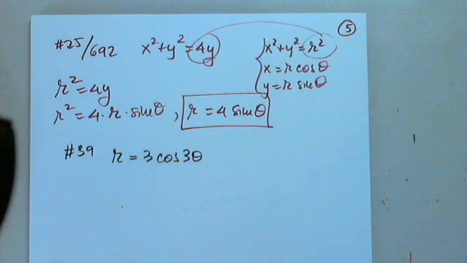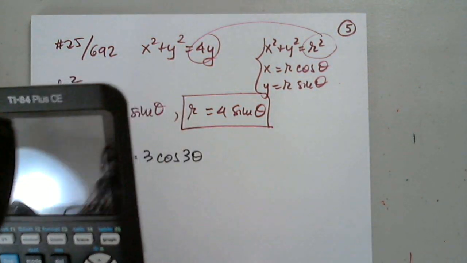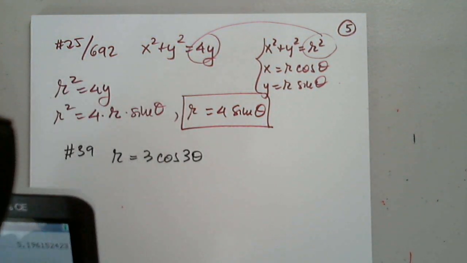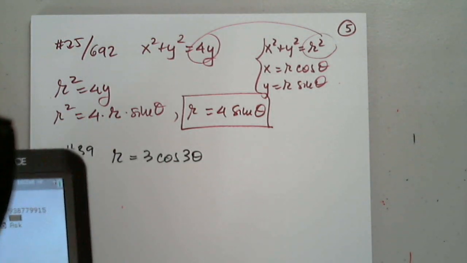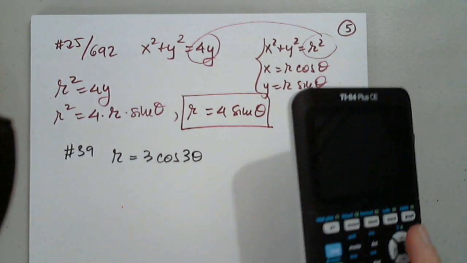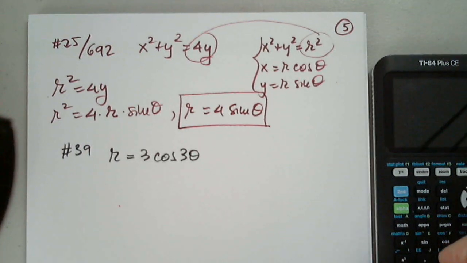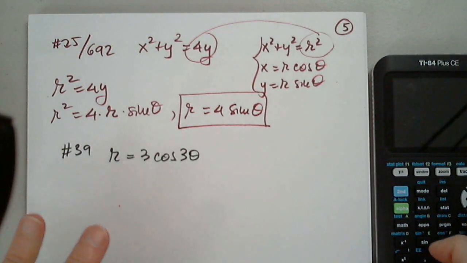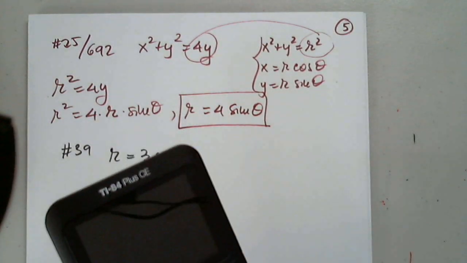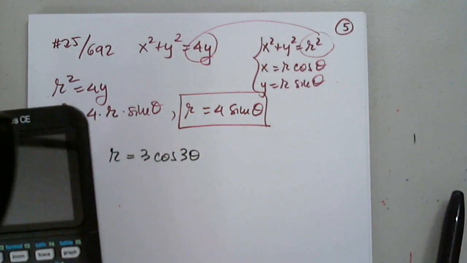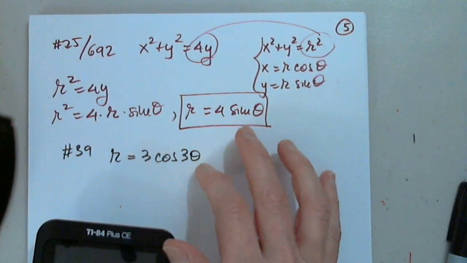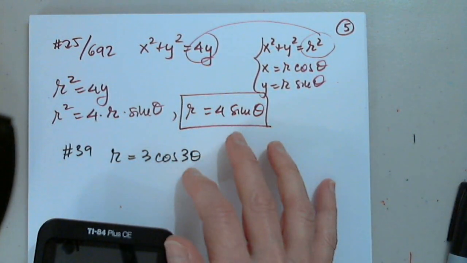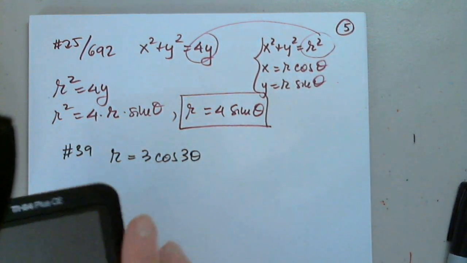I'm going to show this with the graphing calculator, and I will also record the steps on the computer in Zoom just to make sure that this is clear. But I'll also show it here, so you don't have to do both, but I will record both. Obviously this is an equation in polar coordinates, and we want to graph it.